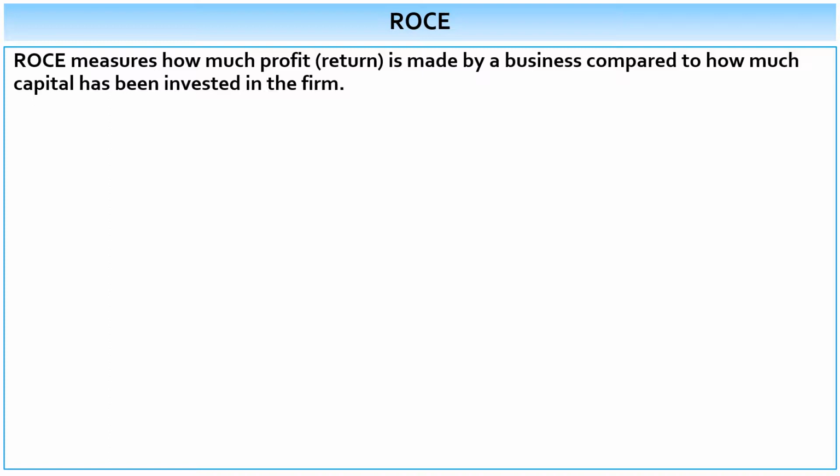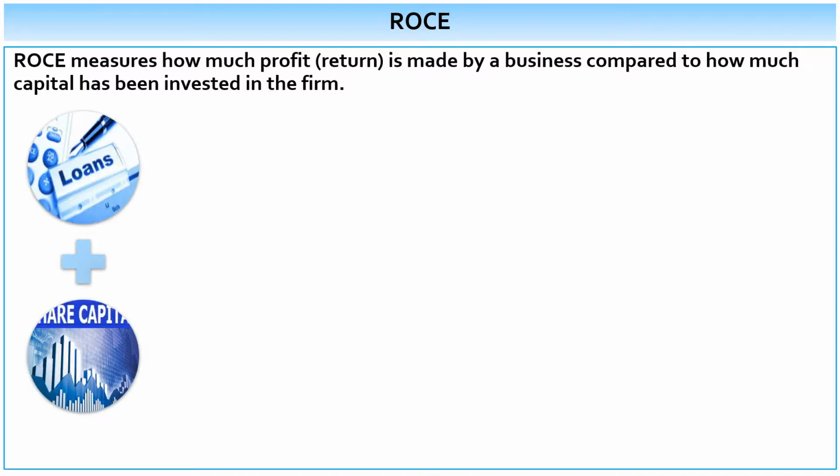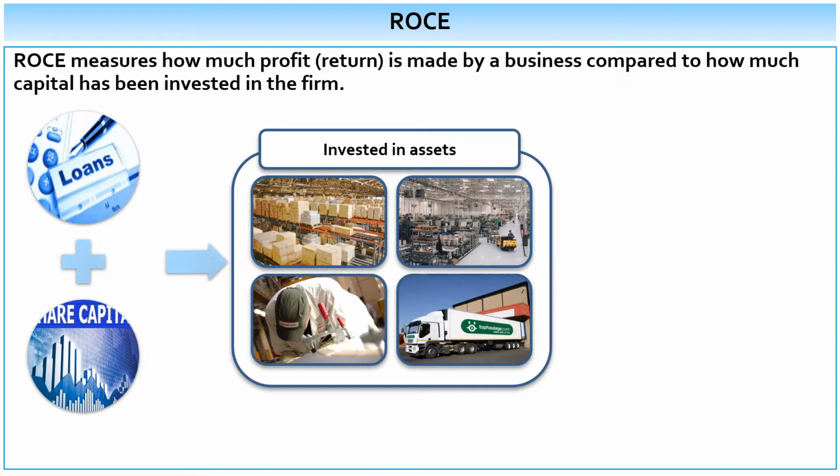So when we think about the capital that's invested in the business, all the money that's been used to provide or to buy assets that the business uses has either come from loans or it's come from shareholders through money they've invested or through money that has been retained profit that's been kept within the business. So by capital employed we mean the non-current liabilities and the total equity.